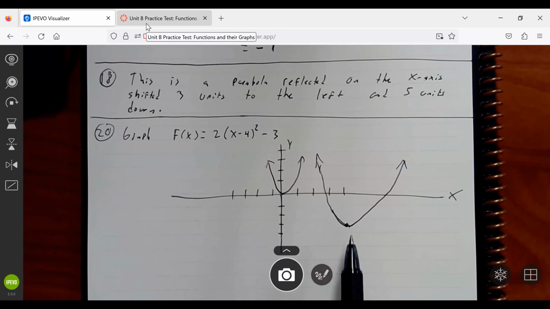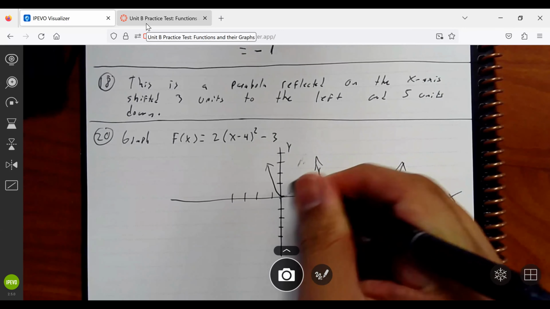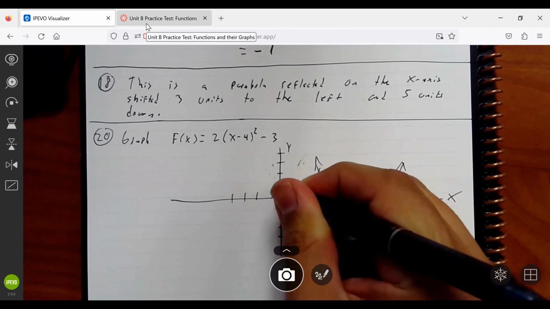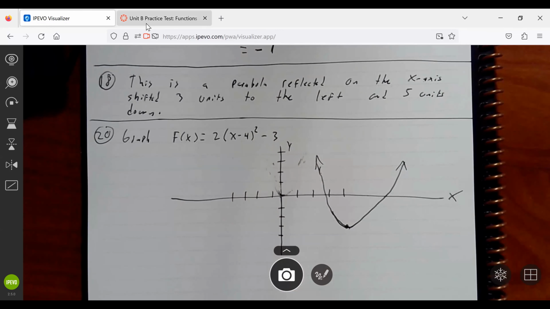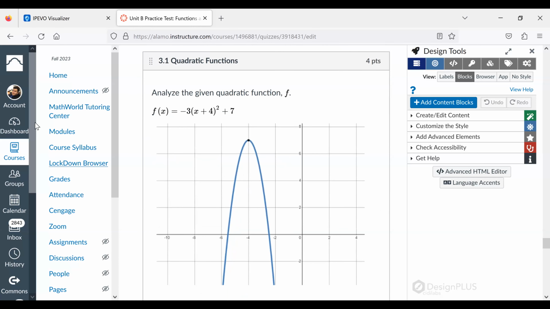There it is. That makes sense. Okay, cool.